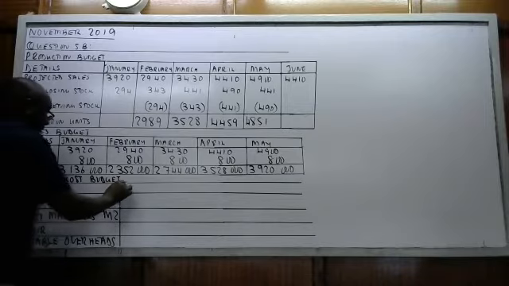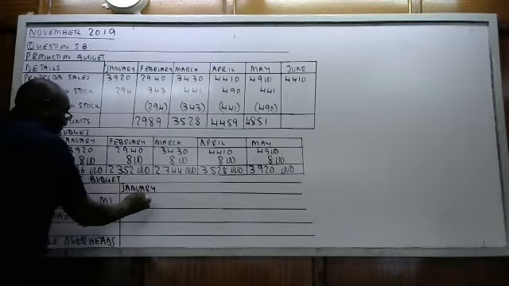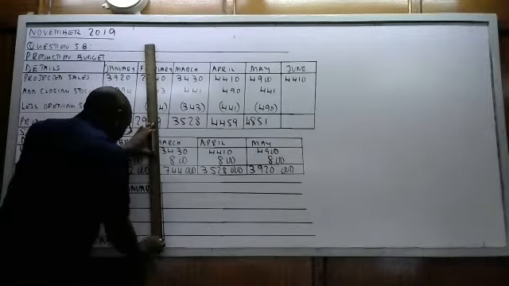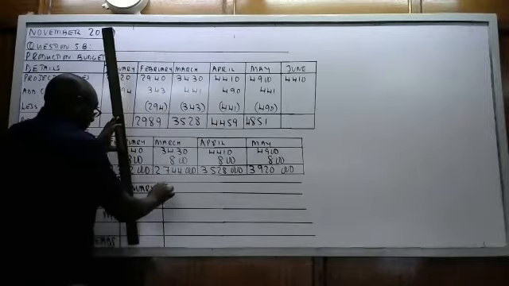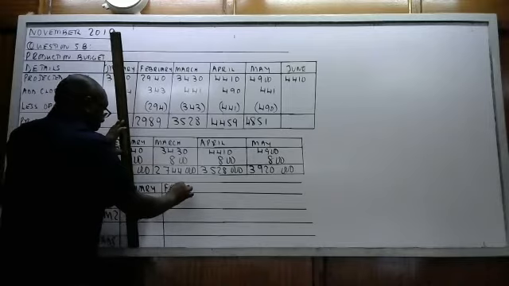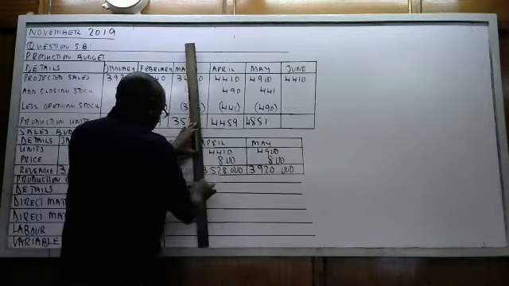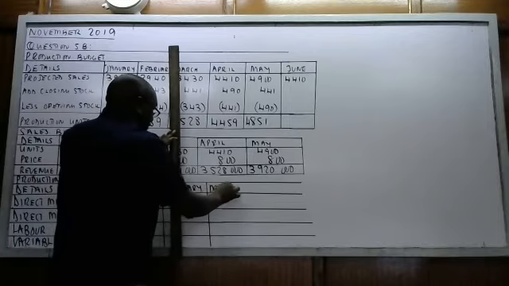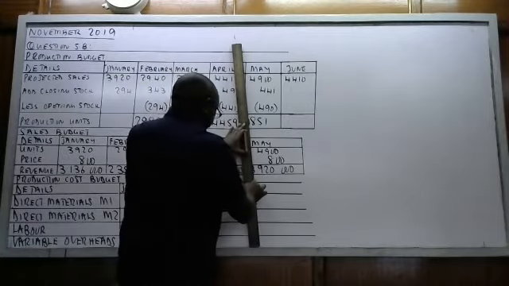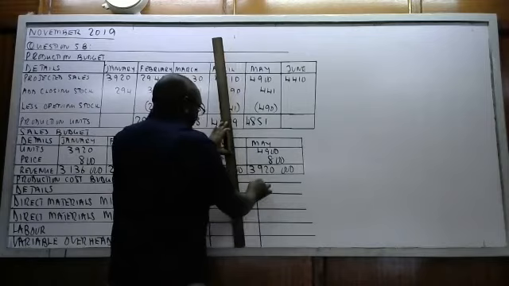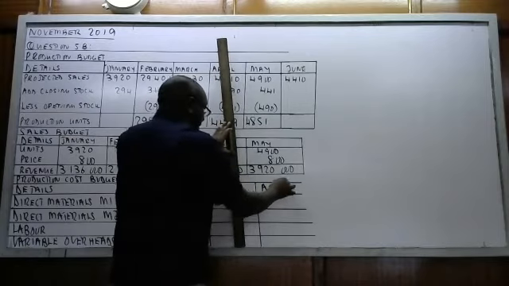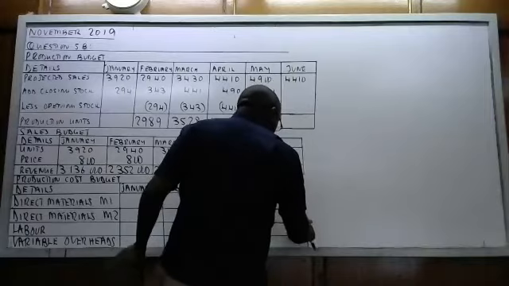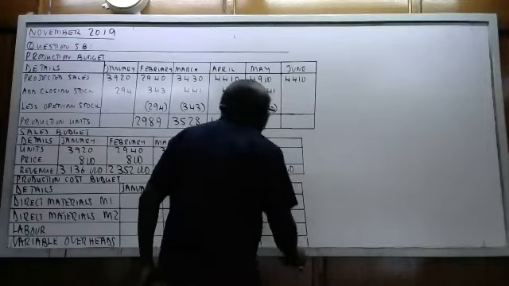So I will have January, February, March, and April. You have to be familiar with the portion, because there is no way we will have to pay in advance.